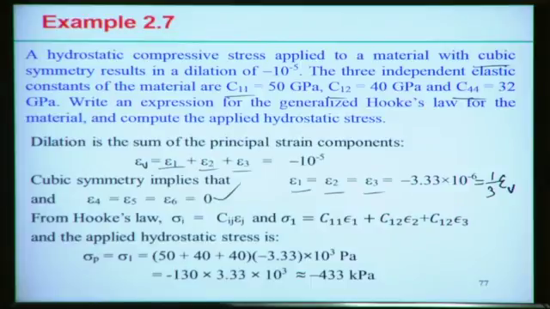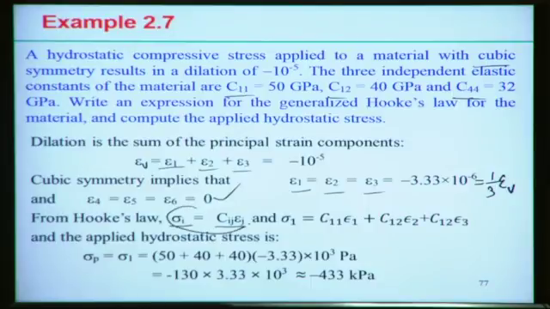Now if we apply Hooke's law here, we can write sigma i equal to Cij into epsilon j. Similarly we can use the other equation in terms of the compliances, but here the data are given in terms of the stiffness. That means C11, C12 and C44 are given.